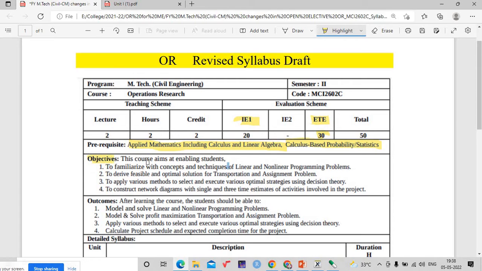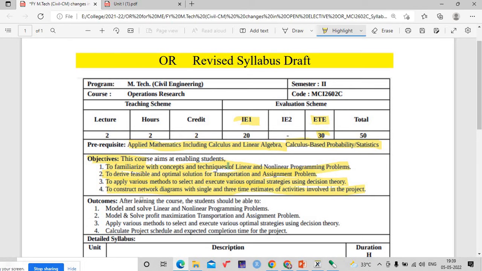The objectives of this particular course we also should understand. The objective is to enable the student to familiarize the concept and techniques of the linear and non-linear programming problems, to derive the feasible optimal solution for transportation and assignment problems, apply various methods to select and execute various optimal strategies using decision theory, and to construct network diagram with single and 3-time estimates of activities involved in the project.